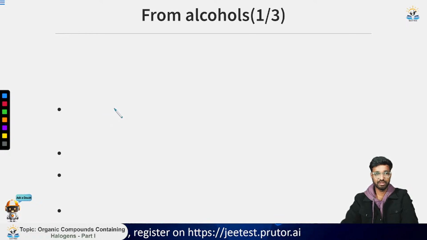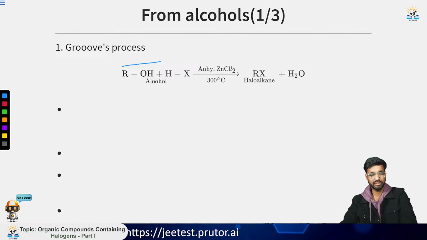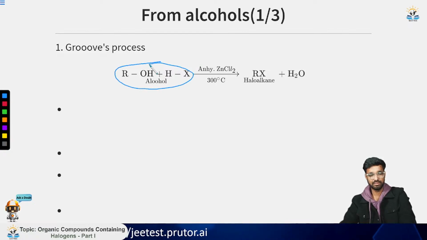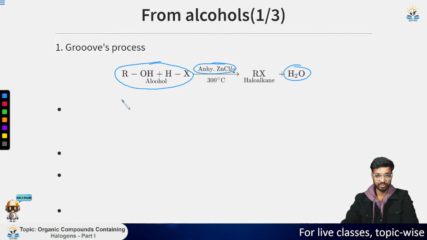Now we can do it from alcohols also. So this is the Groves method that we have. Basically we are using ROH and HX. Now we are using anhydrous ZnCl2 to remove the H2O. Sorry, this is not a base, this is just used to create less moisture.